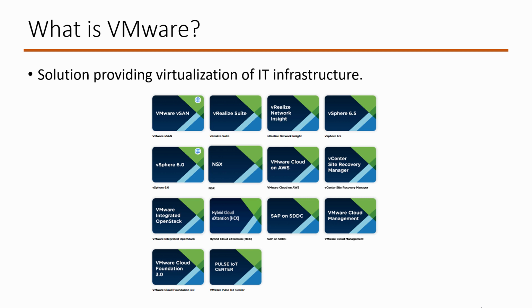VMware was acquired by EMC, a storage company, in 2004, and EMC was acquired by Dell in 2016, and many more products have been added to VMware. VMware is not limited to the vSphere hypervisor. There is cloud management, virtualized storage, networking, as well as desktop software. VMware now has a major presence in many private data centers.